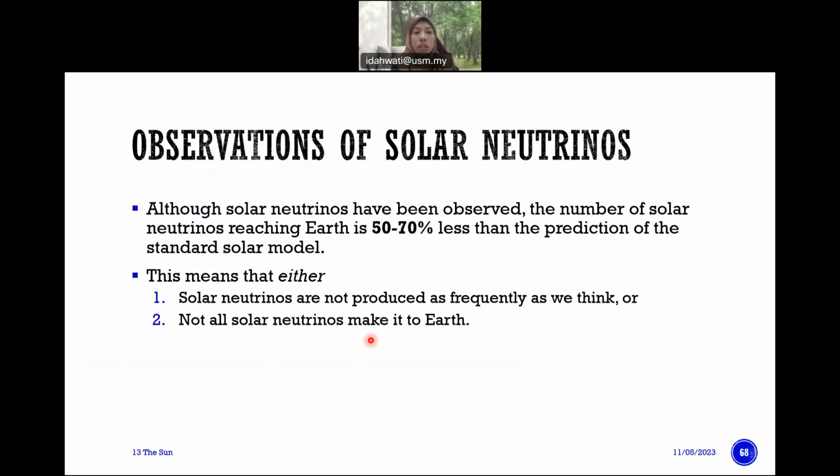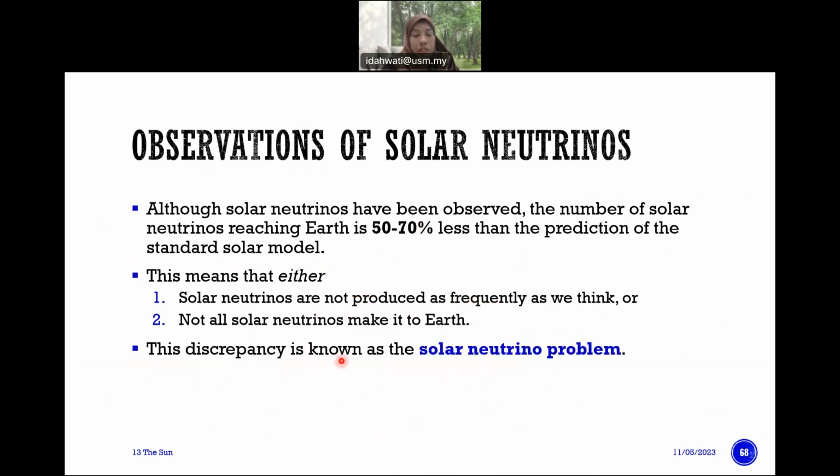Although solar neutrinos have been observed, the number of solar neutrinos reaching the Earth is about 50 to 70% less than the prediction of the standard solar model. This means that either solar neutrinos are not produced as frequently as we think, or not all solar neutrinos make it to the Earth.